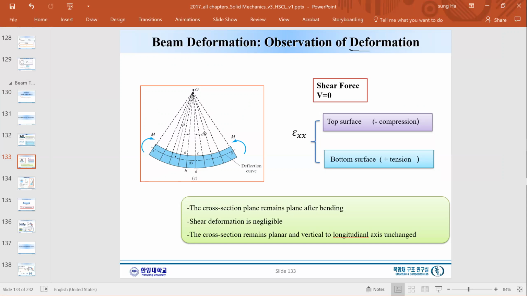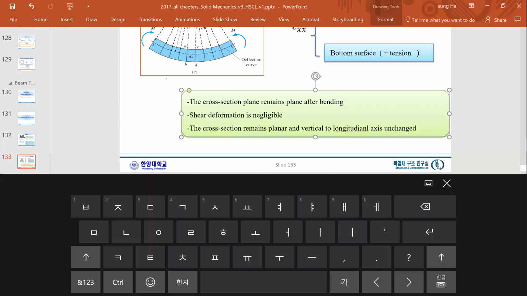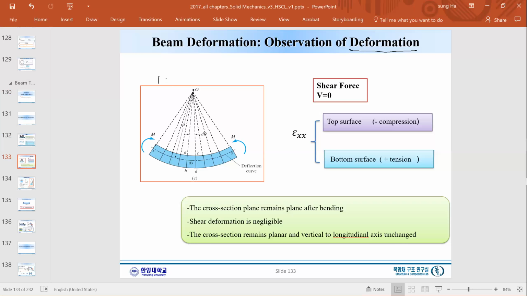So we want to observe the deformations. Well, first, let's say the beam was just a straight beam like that, and then subject to a bending moment like that. This is a moment we apply to the beam, and the beam will simply bend like that.